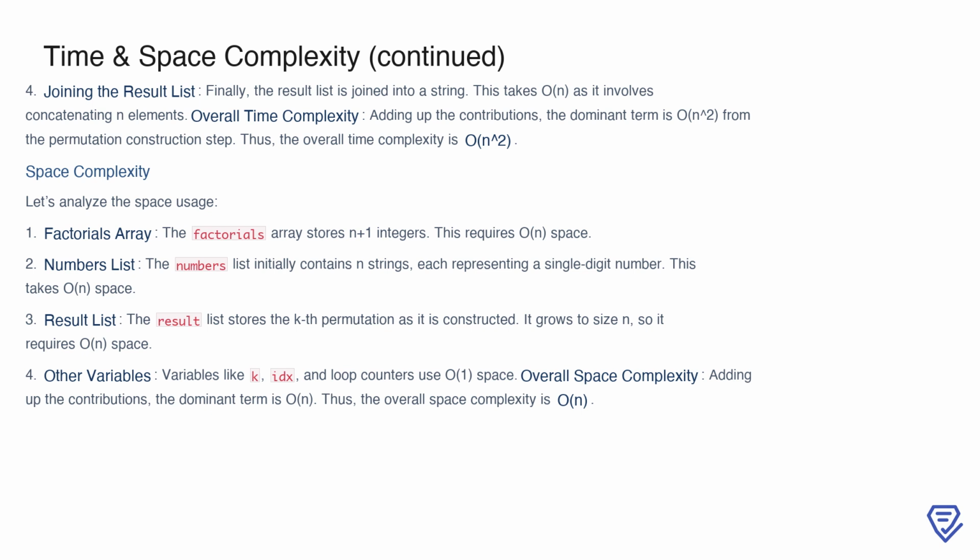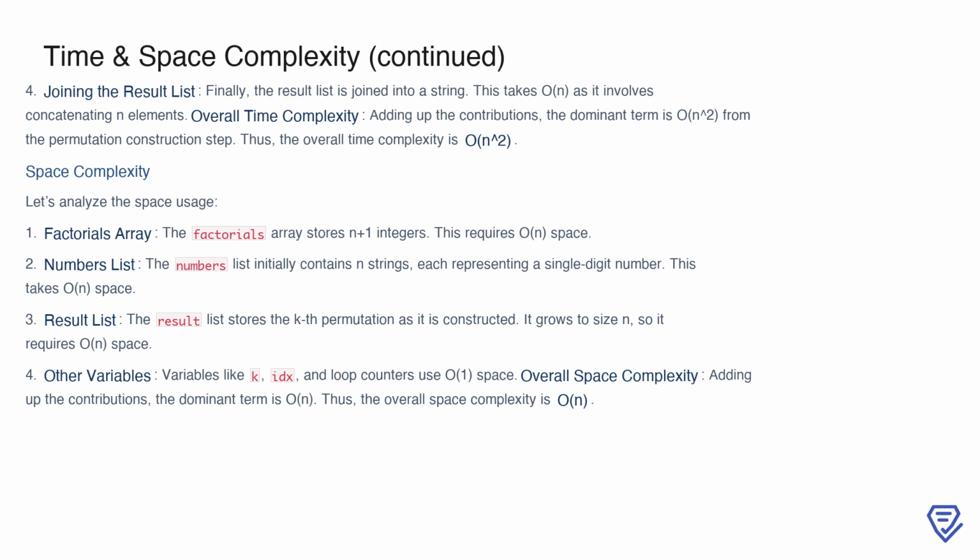Now, let's take a look at the space complexity. The algorithm uses a factorials array to store precomputed factorials for integers from 0 to n. This array takes O(n) space. The numbers list, which initially holds n strings representing single-digit numbers, also requires O(n) space.